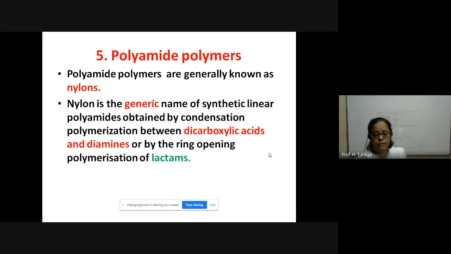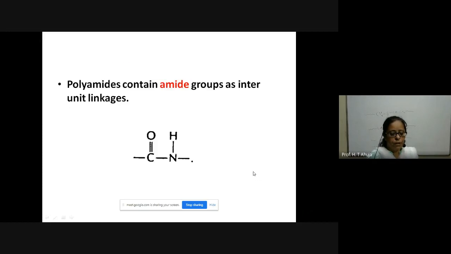But when I say this is a condensation polymerization between dicarboxylic acids and diamines, or this reaction can be carried out by ring opening polymerization of lactams, what exactly is this? We'll see in the reaction. Why are they called polyamides?